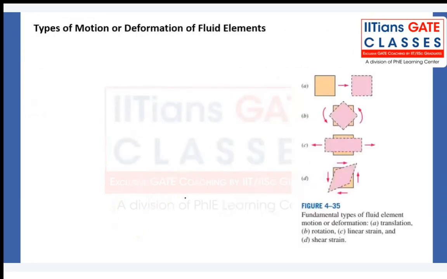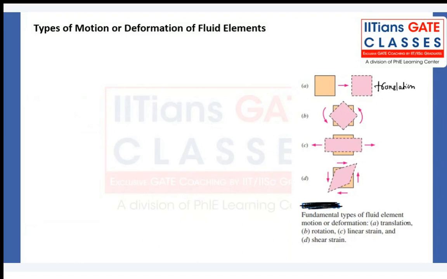Now the types of motion or deformation of fluid elements. Just like a solid body, they can translate, they can rotate, they can have shear deformations, and they can have linear deformations. As you can see, this is translation, as mentioned in the figure.